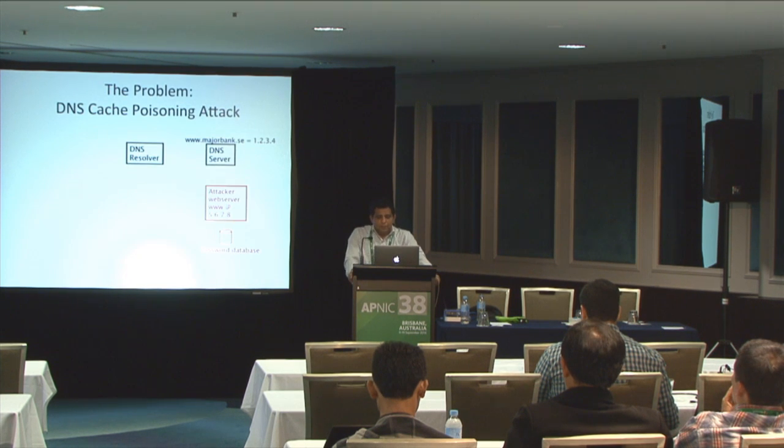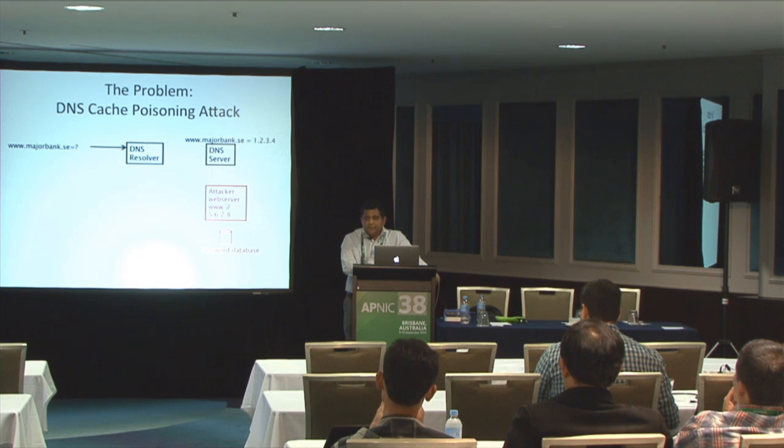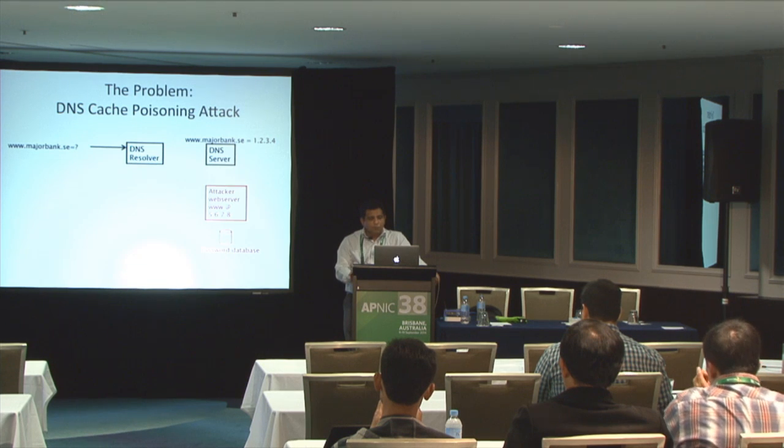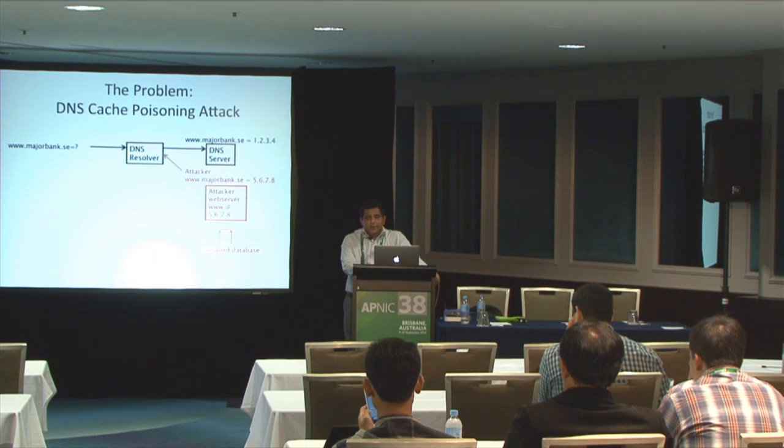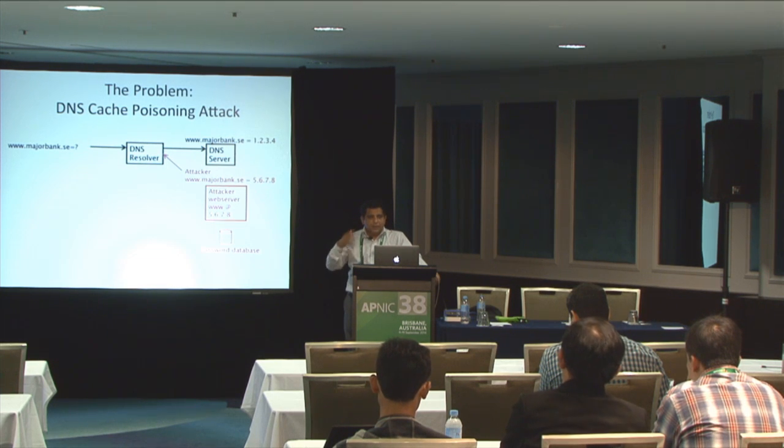But say, what's the problem? What are the risks involved in this? Say we have a DNS resolver, same situation just like before. We want to access our bank website, and we go to our DNS server. Now, before we really get the answer from the authoritative name server, in the usual expectation, we are expecting that the correct authoritative name server would respond.